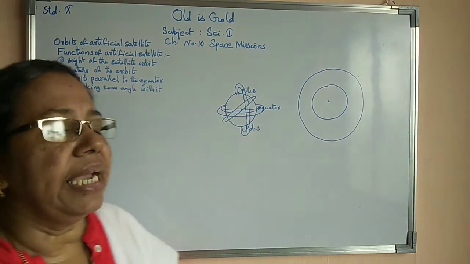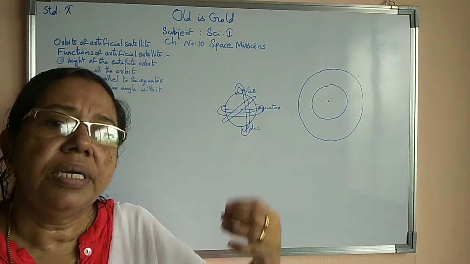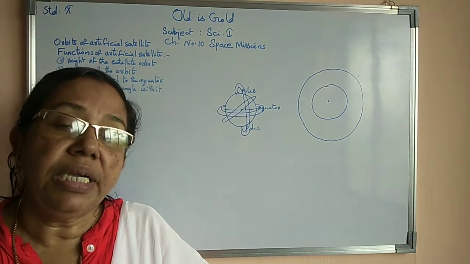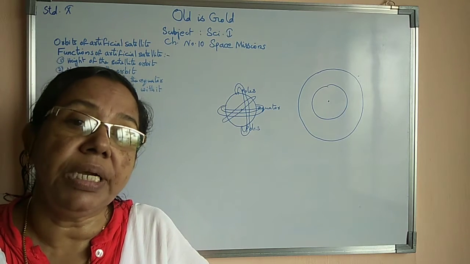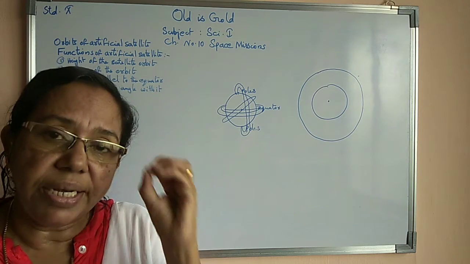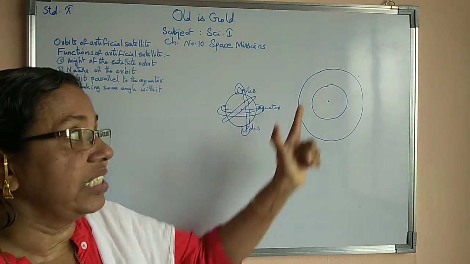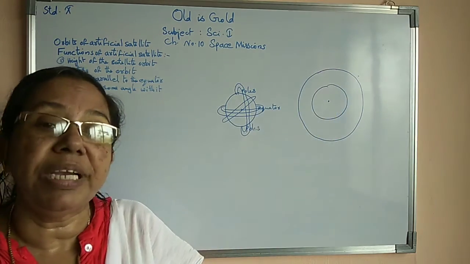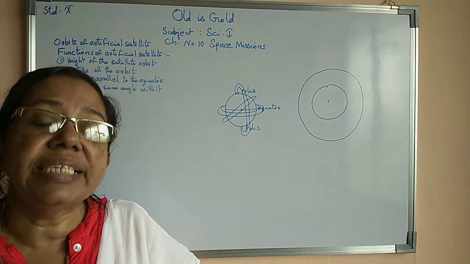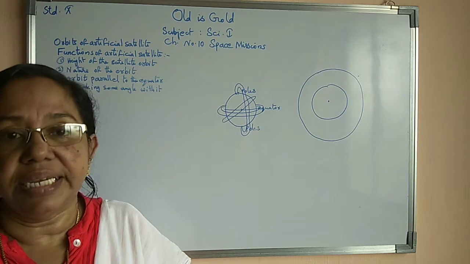For fixing a satellite on any one orbit, its distance should be known to us: where it has to be placed, at which distance from the surface of the earth. Scientists have the full idea, then they send it.